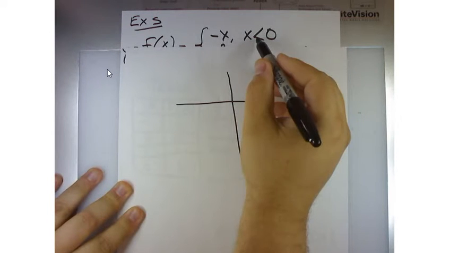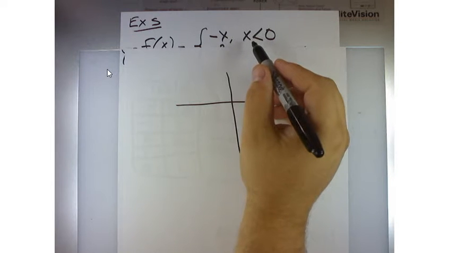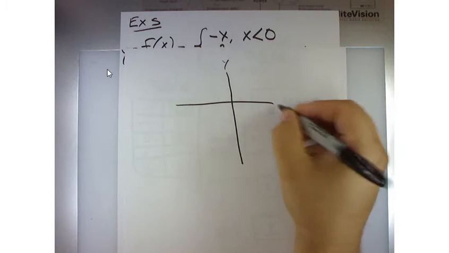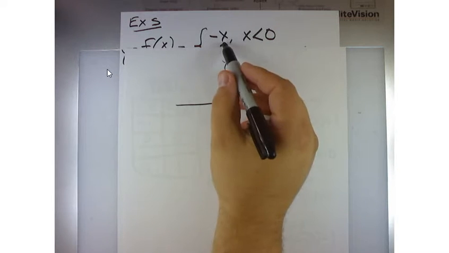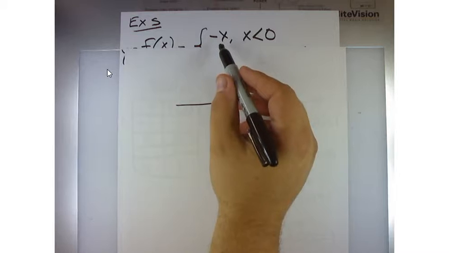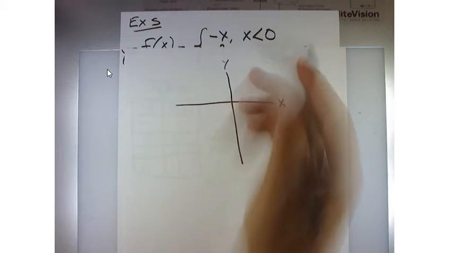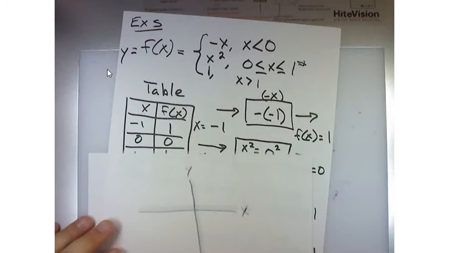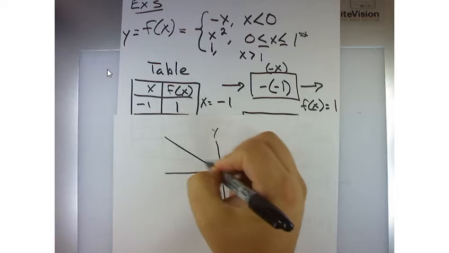When x is -1, what is the function evaluated at? Well, that's the one we wrote down.